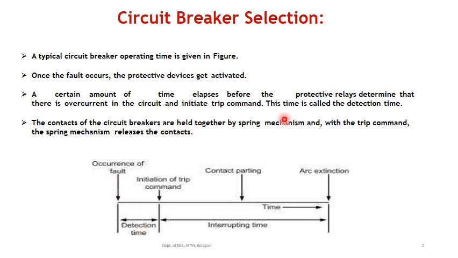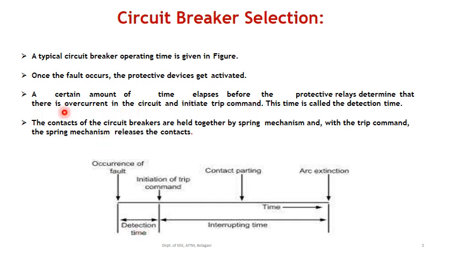Is it clear? During this detection time, the circuit breaker will identify whether the current can be stopped at this point, or the circuit breaker needs to interrupt that current. That decision will be taken during this period of time. That is nothing but the detection time.